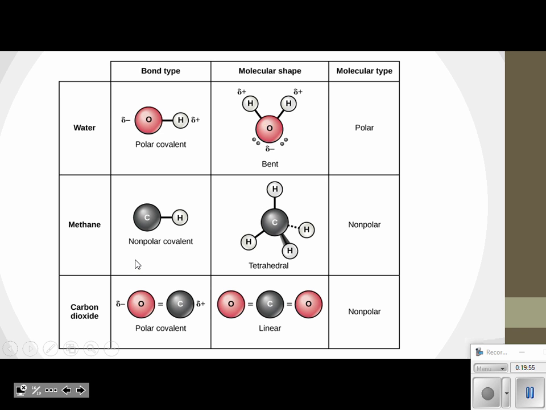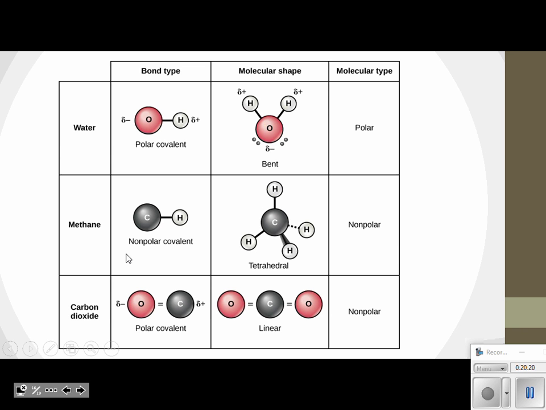Here is a nonpolar covalent bond. I don't know about that one right there. What's the math here? 2.55 minus 2.2. That's a 0.35, right? So I would say this diagram is wrong because we would classify that as polar, wouldn't we?